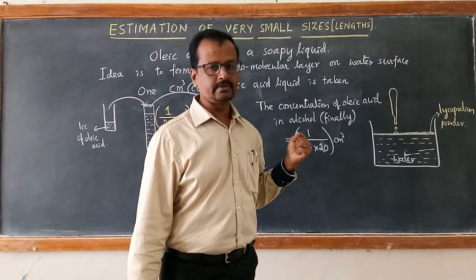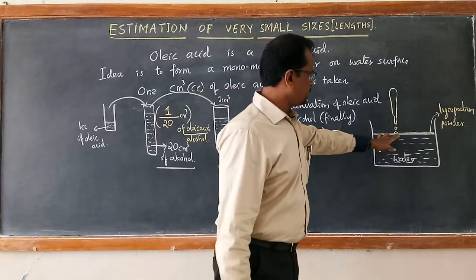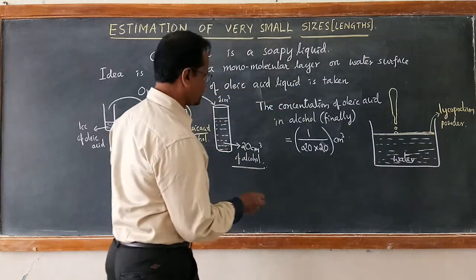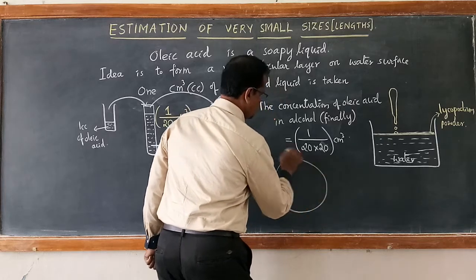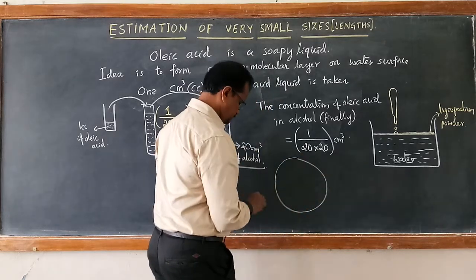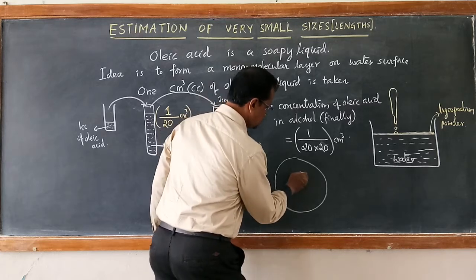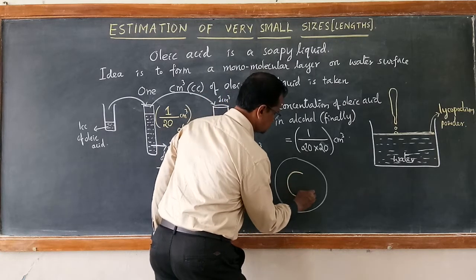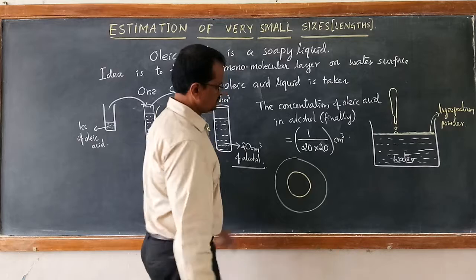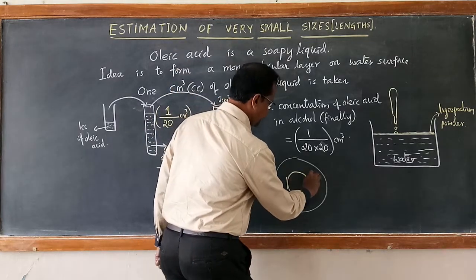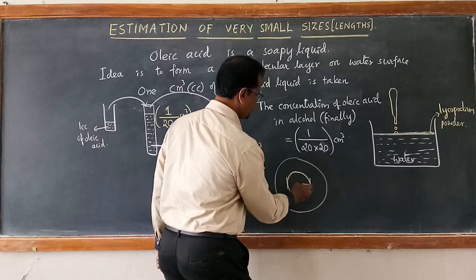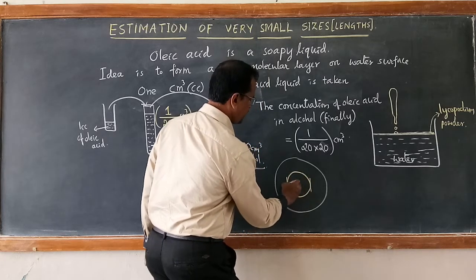So there is a calculation. When you take this drop on the surface, see, if this is the water trough surface, it will form a circular layer like this. One has to measure the diameter of this circular layer. Diameter must be measured.